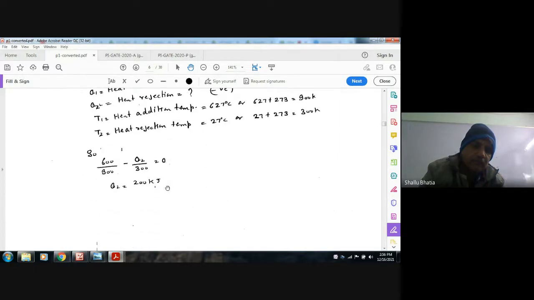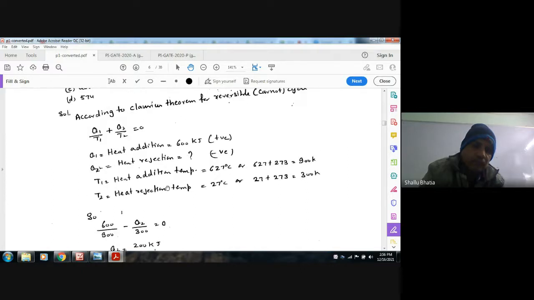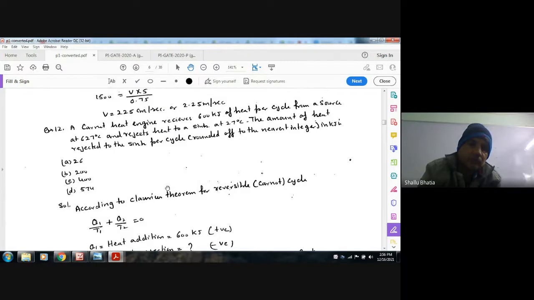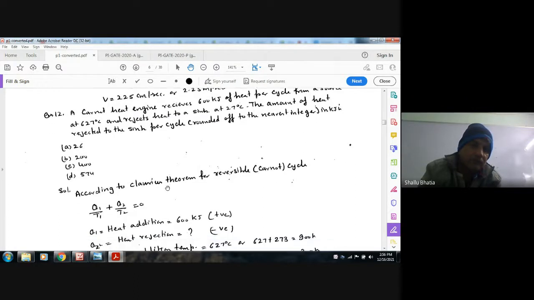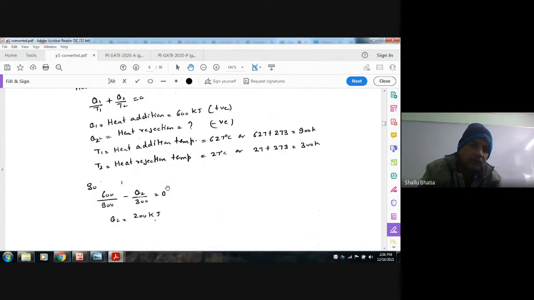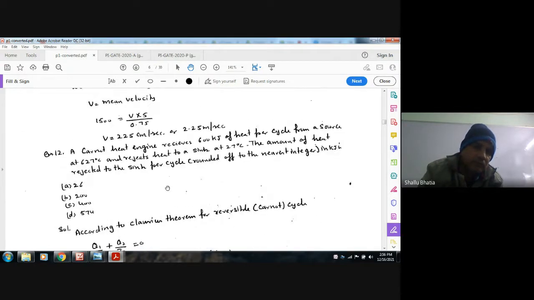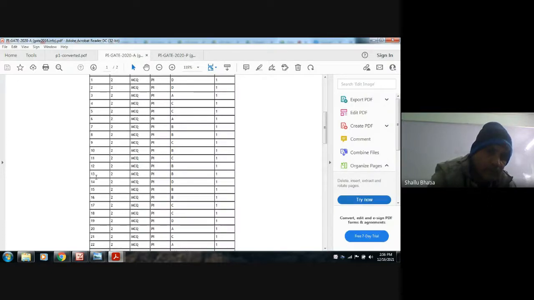By putting these values, we can find Q2, that is 200 kilojoules. As the heat is being rejected, Q2 is negative. So the answer is 200 kilojoules. Next, the answer to question number 12 is D.